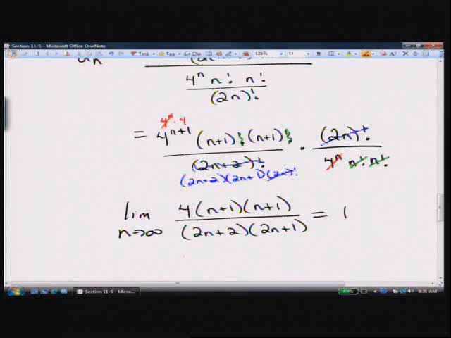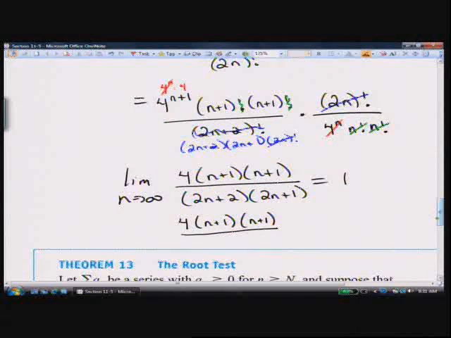Let's just play for a second. If I write this as 4 times n plus 1 times n plus 1 over, if I factor the 2 out of this, I'll get an n plus 1 and then a 2n plus 1.